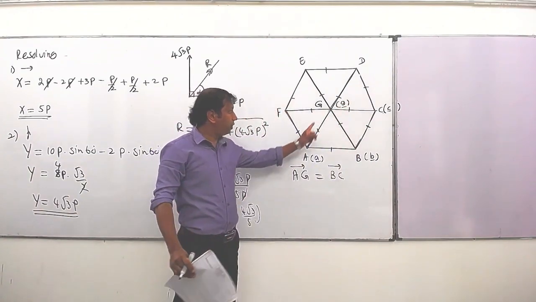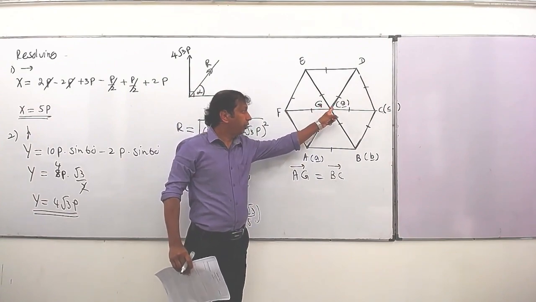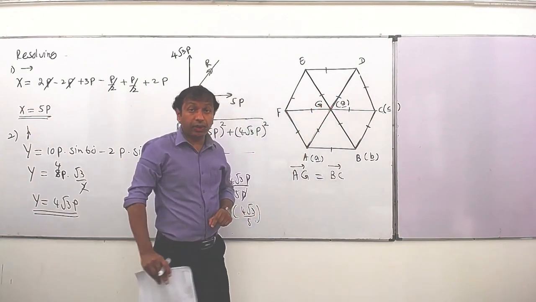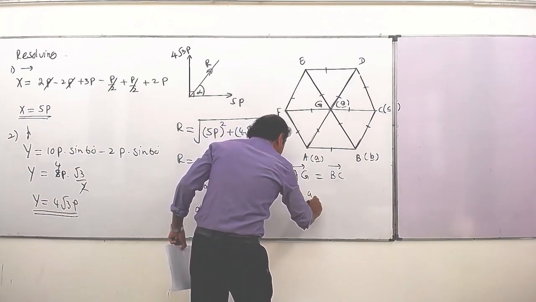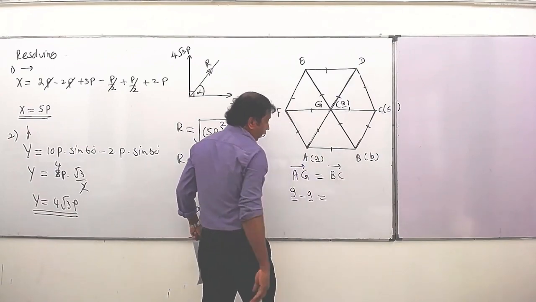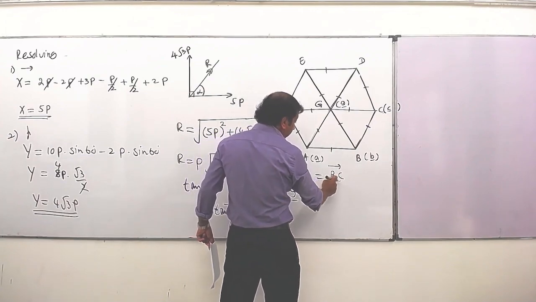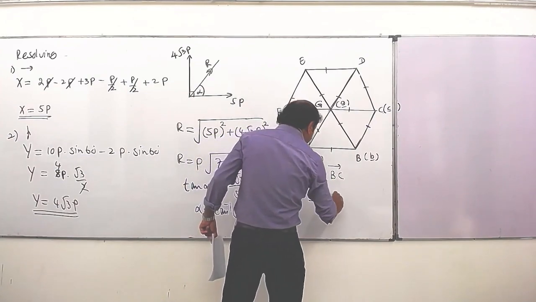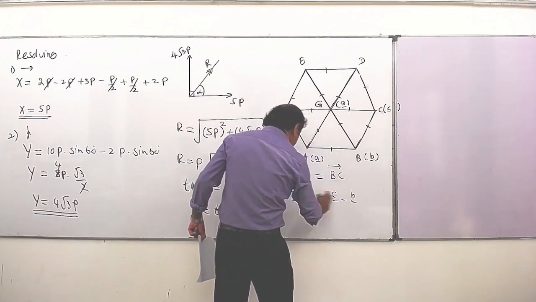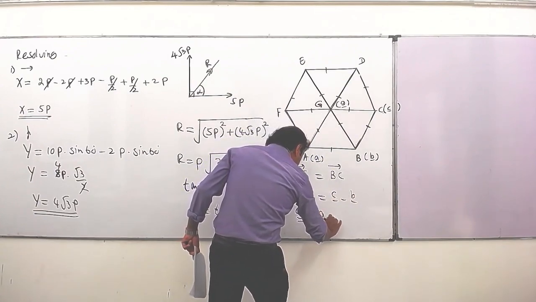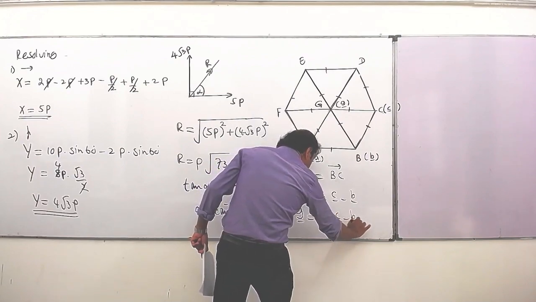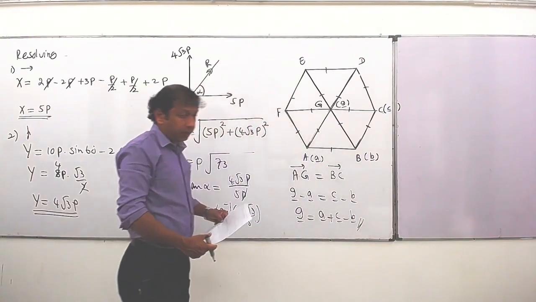Then this A to G vector you can write position vector of G minus position vector of A, then g minus a. BC vector you can write second letter position vector minus first letter position vector, c minus b. Take this to the right hand side, g. We get a plus c minus b. This is how we take that.